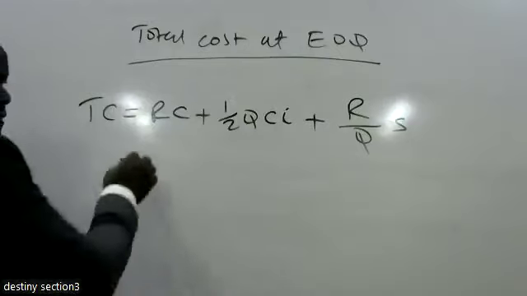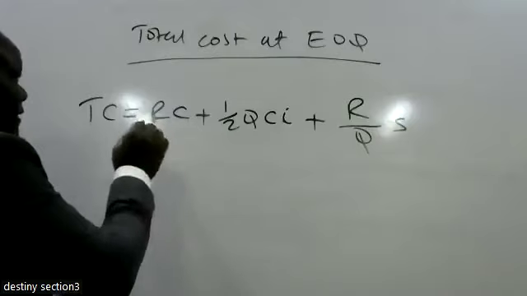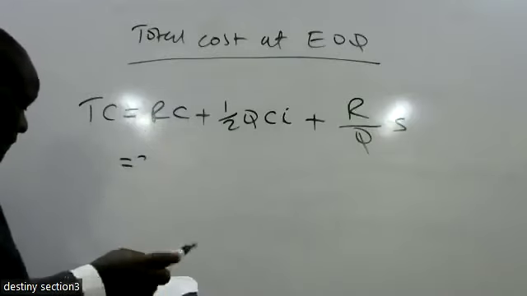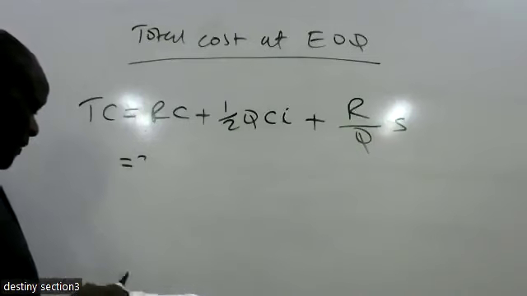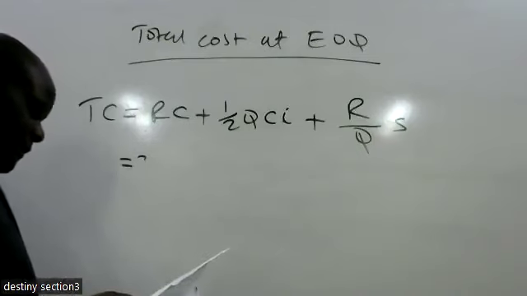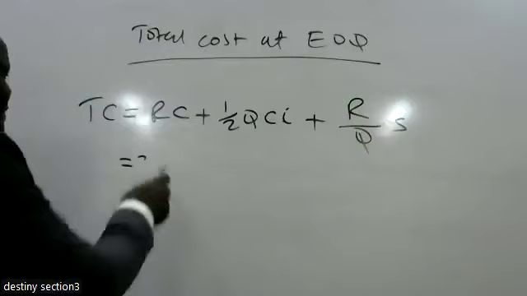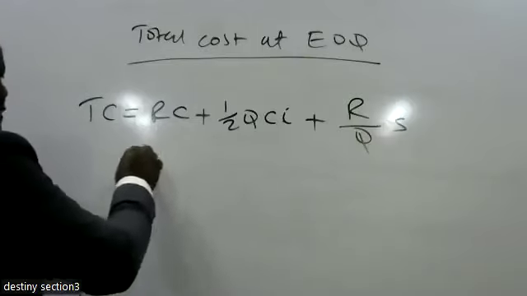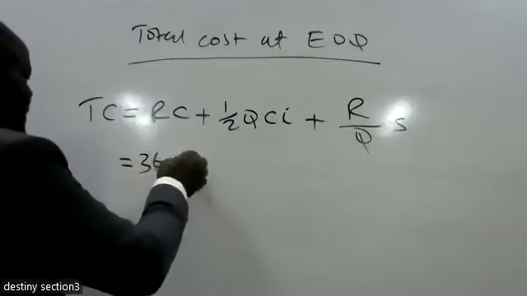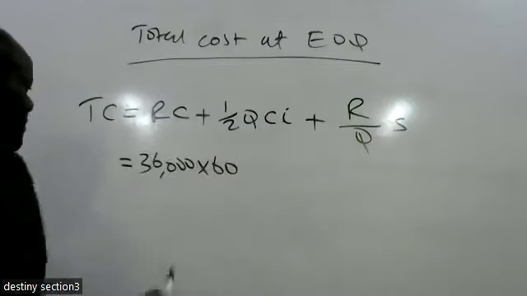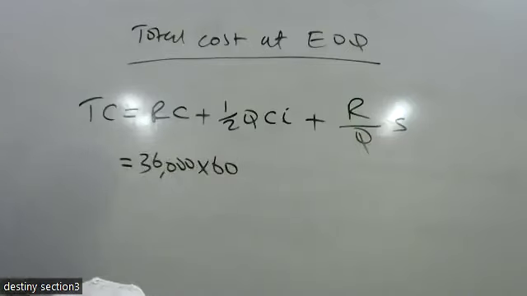So R is the annual demand in units. Sorry, R is given as what? That we calculate because it's 36,000. In fact, we have been given that figure. Then multiply by 60. If you remember the note number 1, they gave you the purchase costs. R is the annual demand in units. C is the purchase cost per unit.